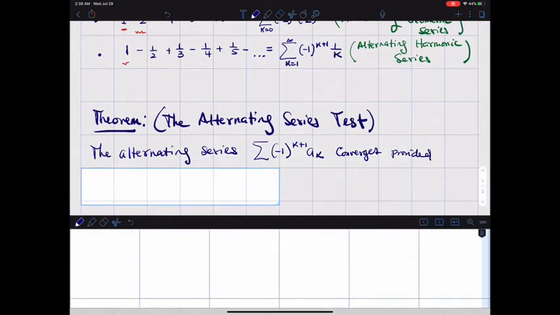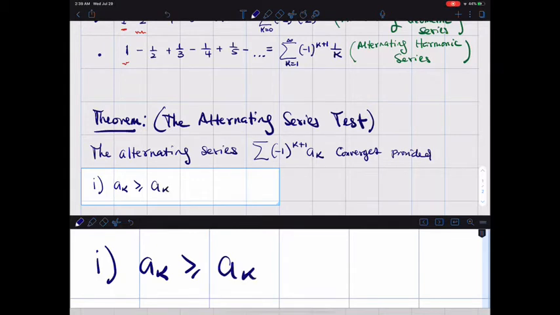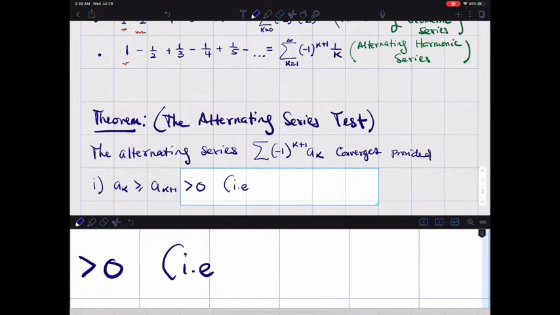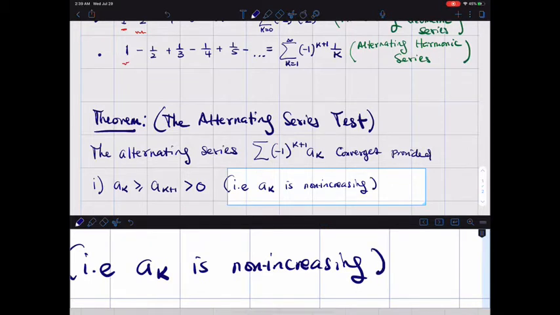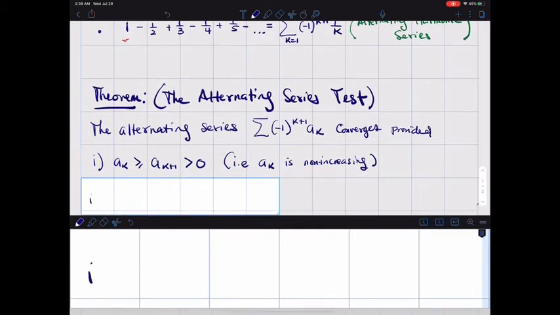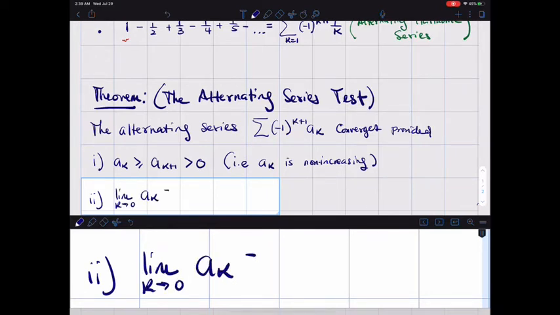Provided a_k is greater than or equal to a_(k+1), which is greater than 0. So this just means that the sequence that forms a series is non-increasing. Or you can think of it as decreasing. All right. Secondly, the limit as k goes to infinity of a_k is equal to 0.